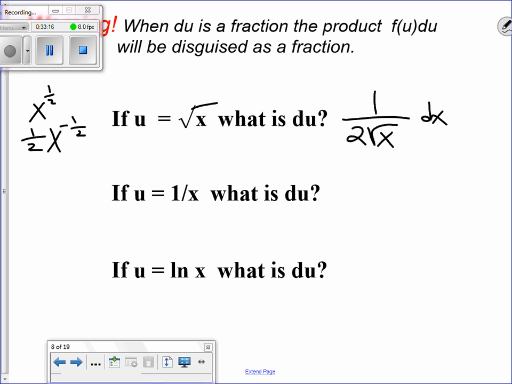What's the derivative of 1 over x, or x to the negative 1? Negative 1 over x squared. These I would memorize, because they come up a lot. What about the derivative of the ln of x? 1 over x.